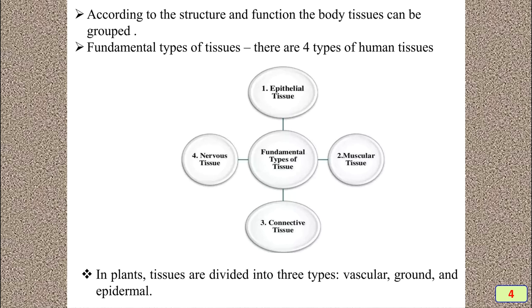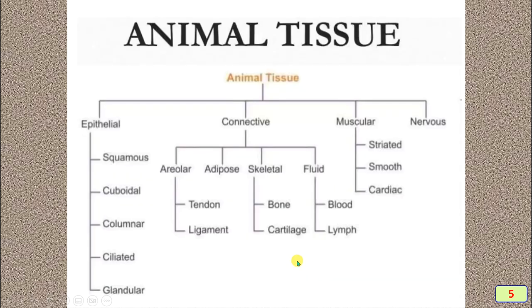Then, apart from this, the nervous tissues, and there are many types of connective tissues. We will deal with the connective tissues separately. Whereas in plants, tissues are divided into only three types: vascular, ground and epidermal only.